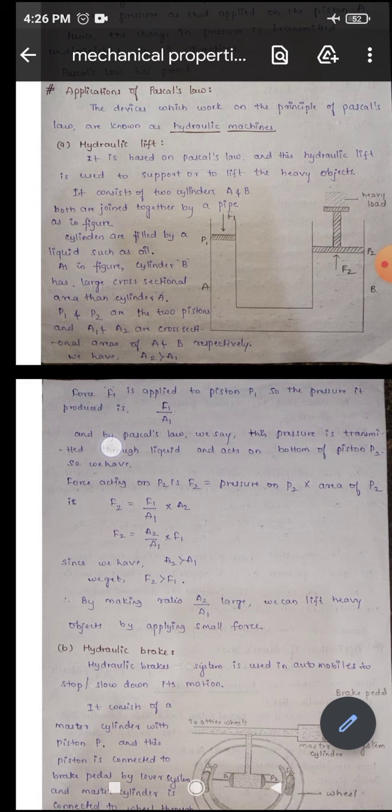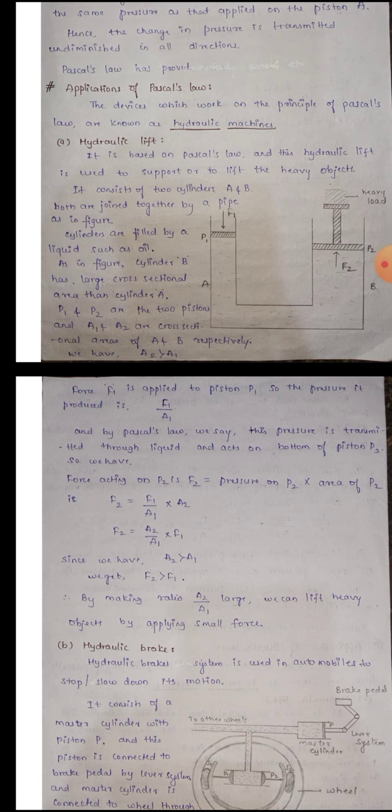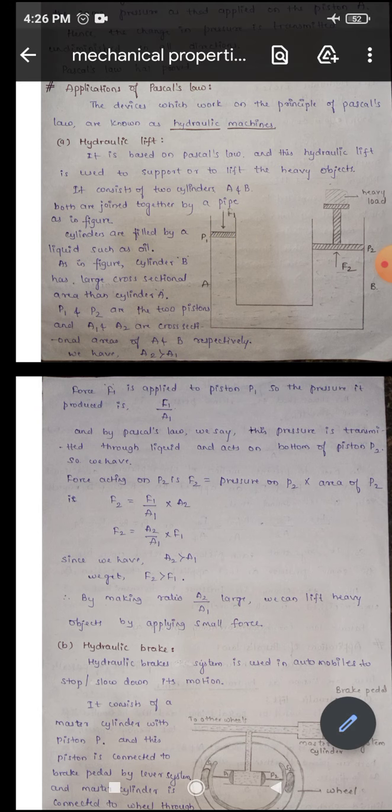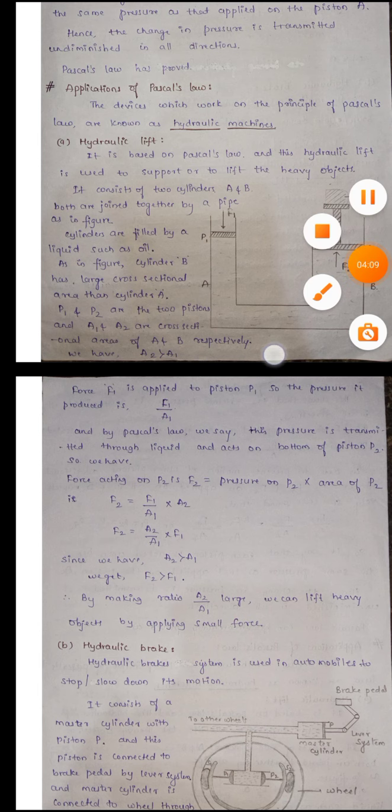So by Pascal's law, the pressure we have applied at the P1 piston is transmitted through this whole container and comes to hit the P2 piston.